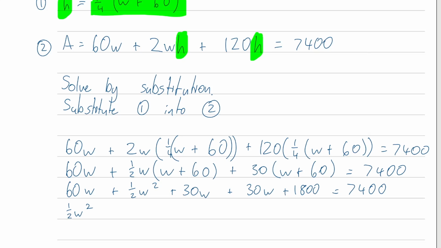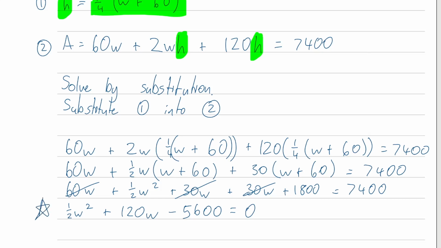So the w term, we have 60 plus 30 plus 30, which is 120w. Then we have 1800, and I'll minus 7,400 from both sides, which gives us minus 5,600. All equals 0.